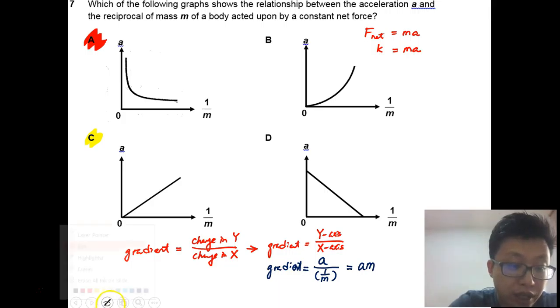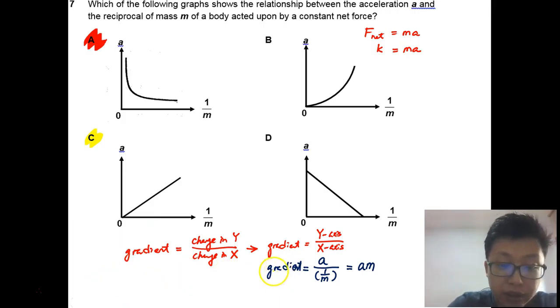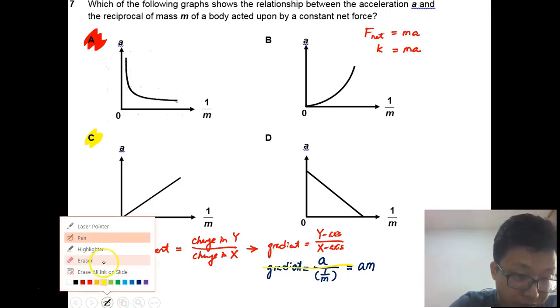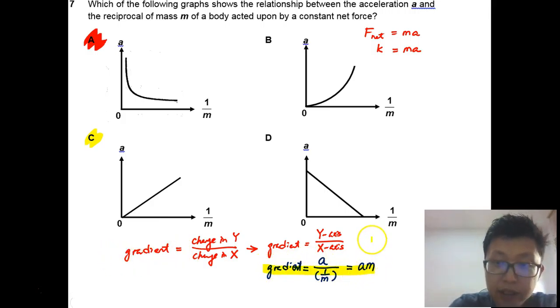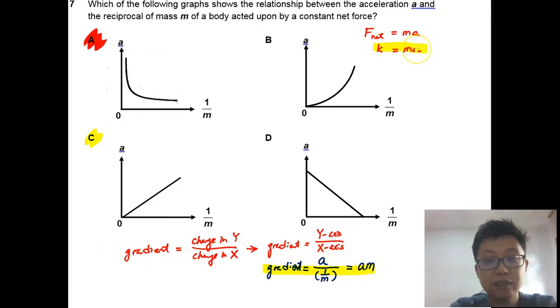So now you have two expressions, this and this.